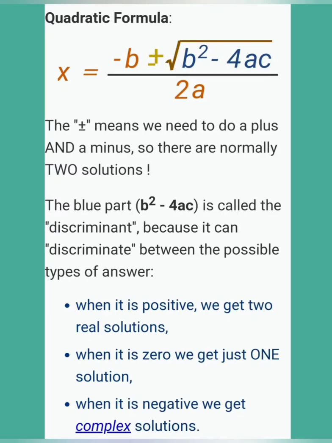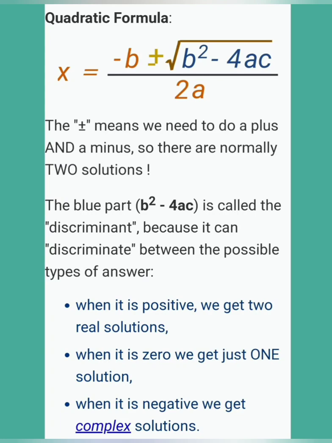Here within the square root you get the form b square minus 4ac, that is deciding the root nature. So b square minus 4ac is called the discriminant, because it can discriminate between the possible types of answers.